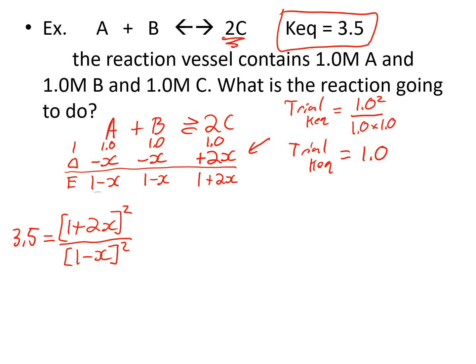Take the square root of both sides, and the square root of 3.5 is 1.87, and that equals now 1 plus 2x over 1 minus x.